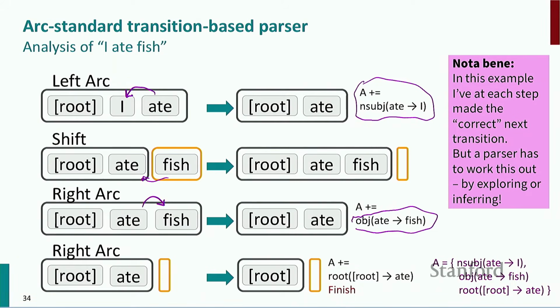I then do right arc again, which is then saying that ate is a dependent of root, so I'm left with just root on my stack, and I've built a new dependency saying ate is a dependent of root. And at this point, I've gone to the finishing condition. My finishing condition is that my buffer is empty and my stack contains just the word root.